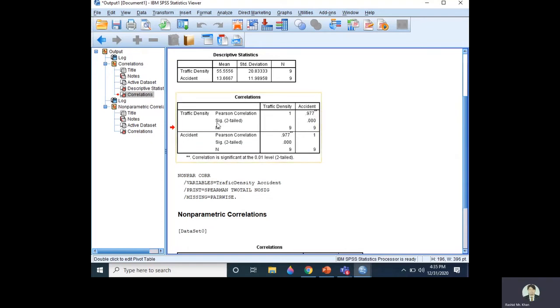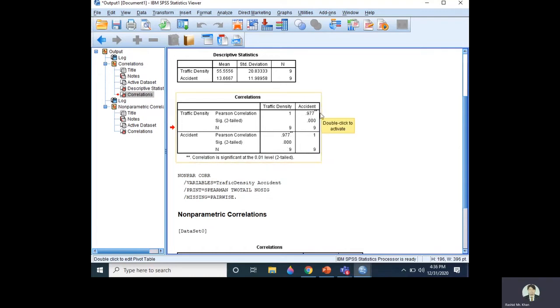Okay, now this is a p-value. Significance two-tail is the p-value 0.0001, which is very small, less than 0.05. So a highly significant relationship exists between the two variables.